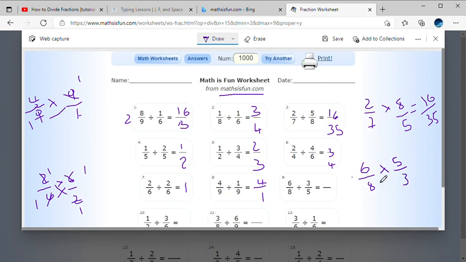These two can simplify because they're both divisible by 3. So 3 into 3 goes 1, and 3 into 6 goes 2. So you have 5 times 1, which is 5, and 8 times 2, which is 16.